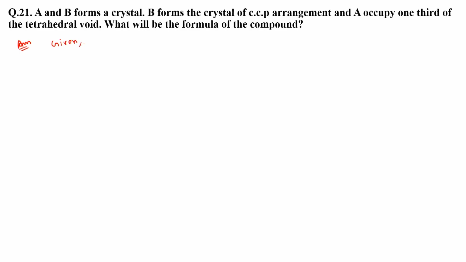Given B forms a CCP structure and A occupies 1/3 of the tetrahedral voids.